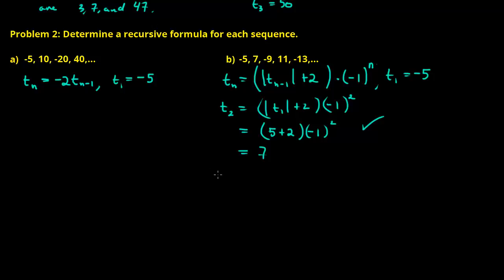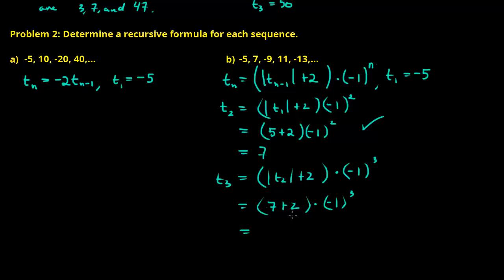Next I would have t sub 3. T sub 3 is going to be equal to the absolute value of t sub 2 plus 2 times -1 to the power of 3, which is equal to, let's see here, t sub 2 is 7. So I've got 7 plus 2 times -1 to the power of 3. -1 to the power of 3 is -1, and I'll have -1 times 9, which is -9.